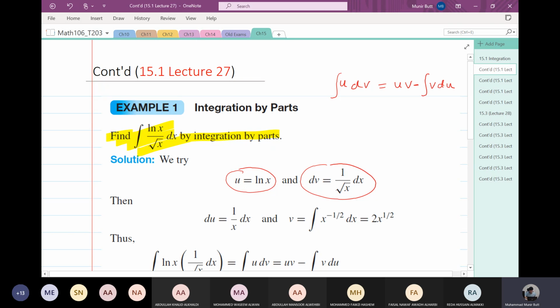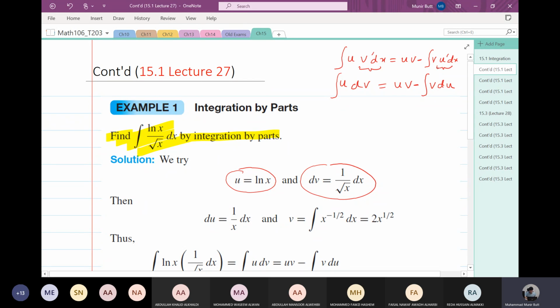And now you will see which function you have to pay attention to.